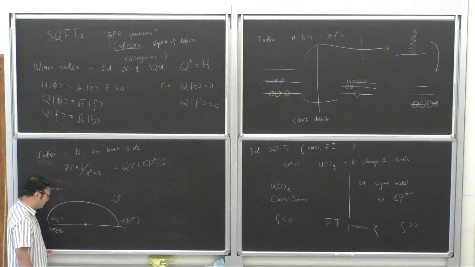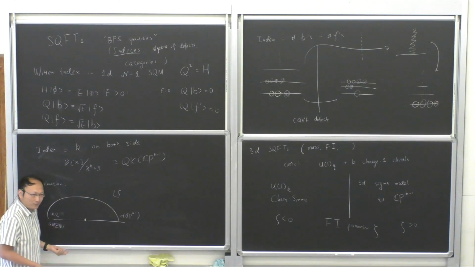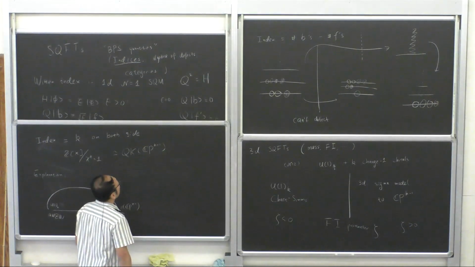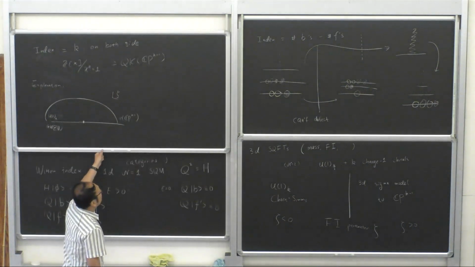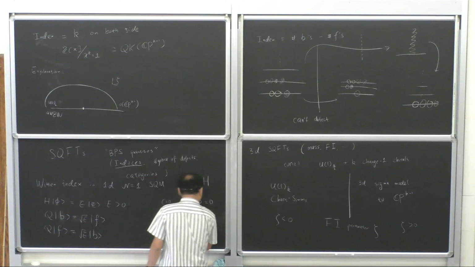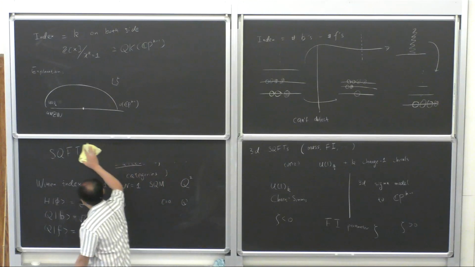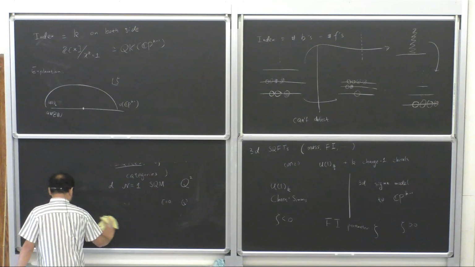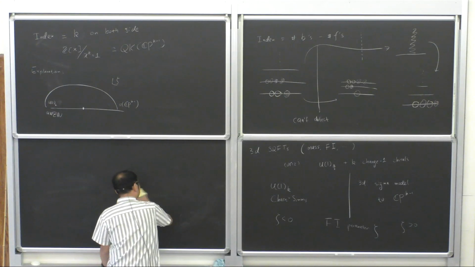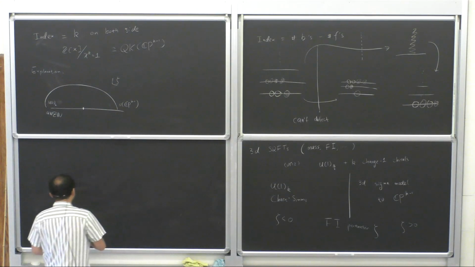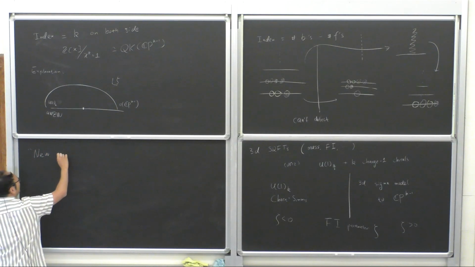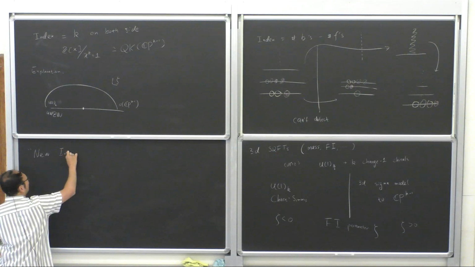So then the question is whether one can come up with some genuinely 3D invariants. So, a new and genuinely 3D invariant.